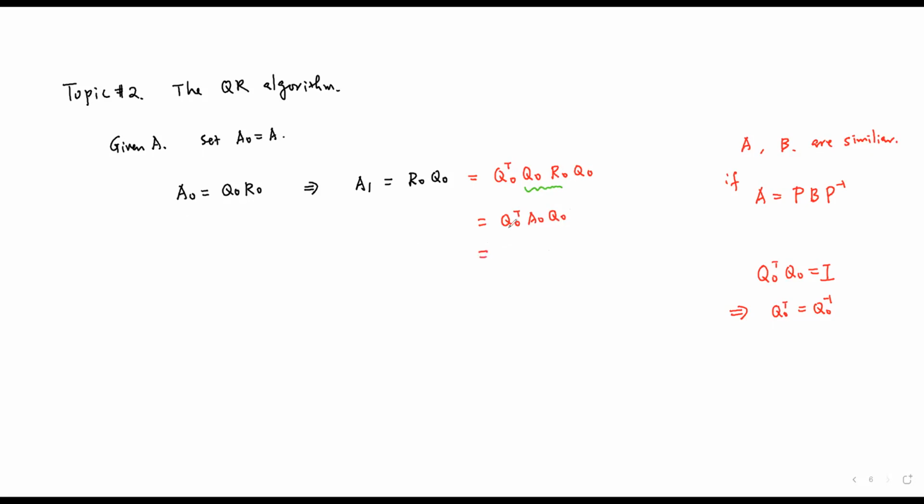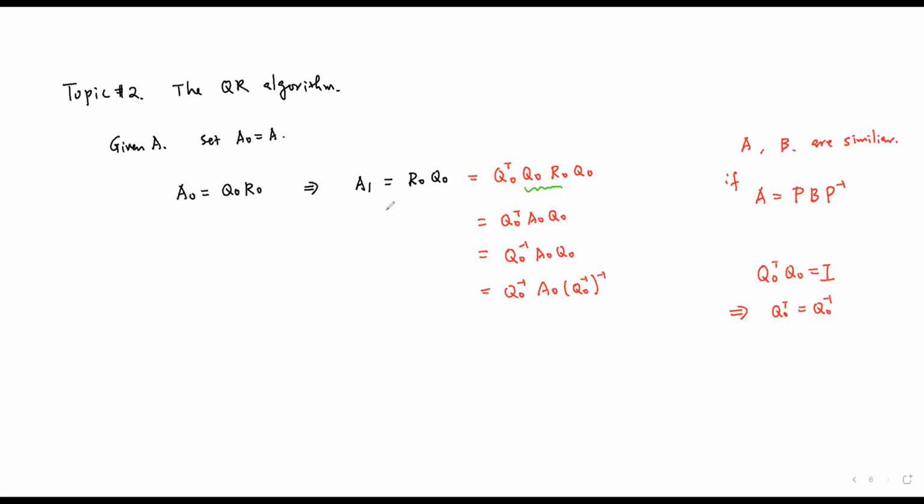So, Q transpose is Q inverse here. Then the P is Q inverse.